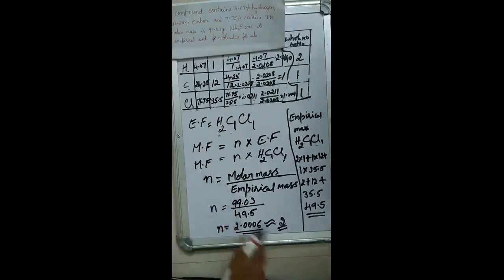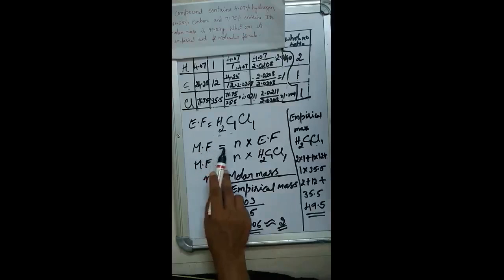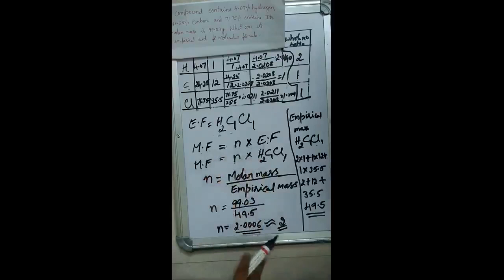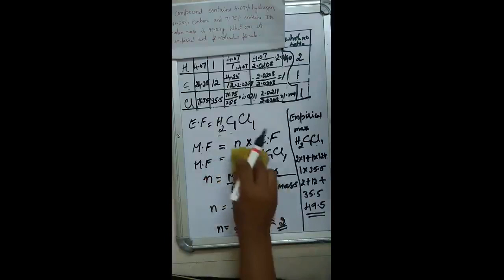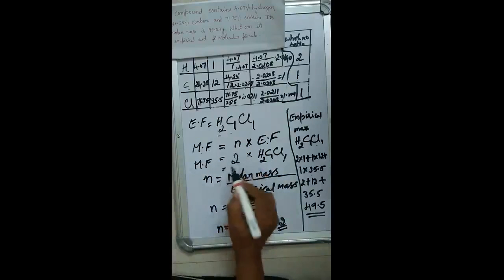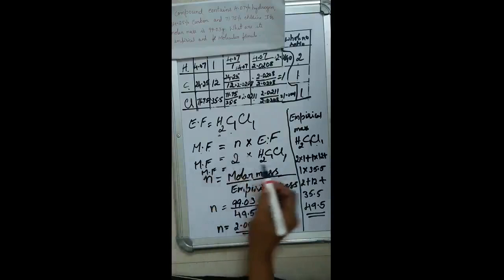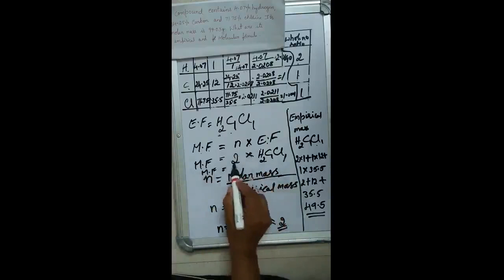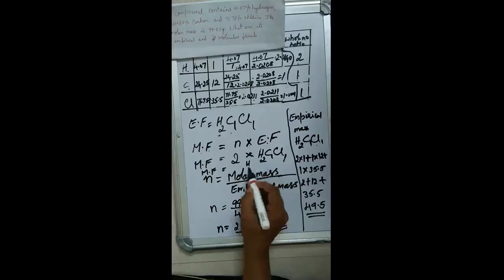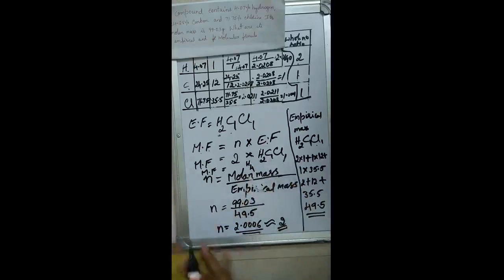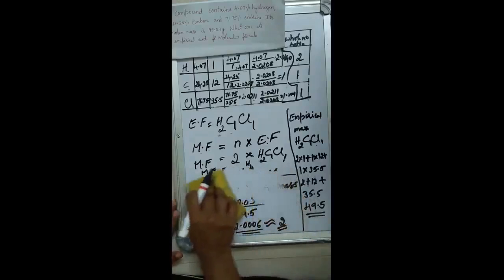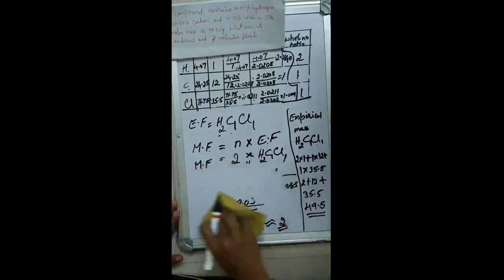Here, molecular formula is equal to N into empirical formula. What N value did we get? That is 2. So here I will substitute the N value, 2. What molecular formula will we get? Hydrogen: 2 2s are 4. Let me erase this part so that you can see more clearly.